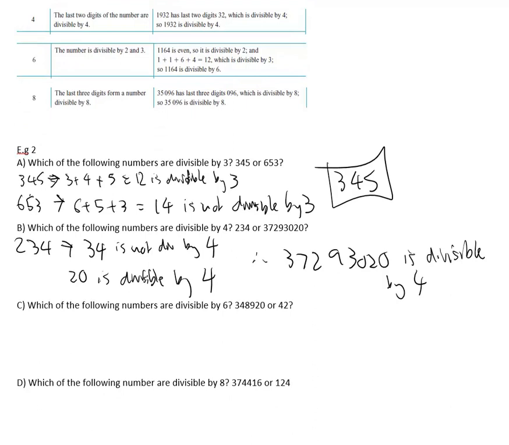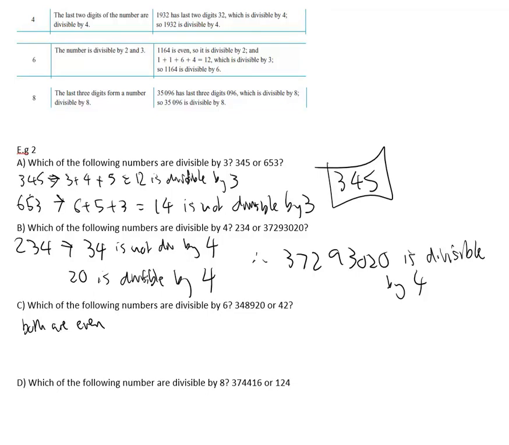Okay, example C. Which of the following numbers are divisible by 6? First of all, we've got to check if they are divisible by 2. Both of them are divisible by 2, so both are even. And then we need to do their sum.